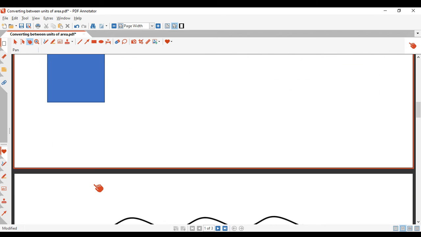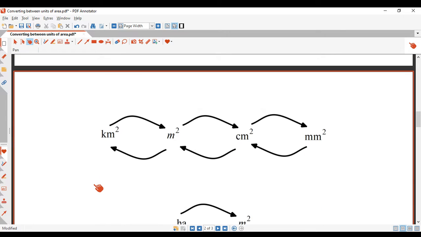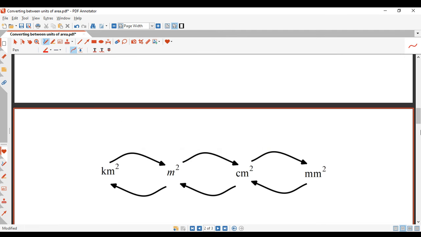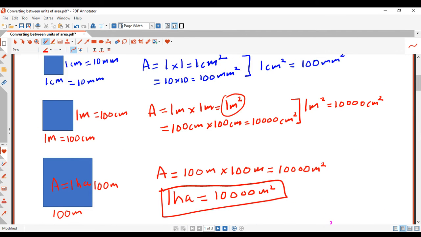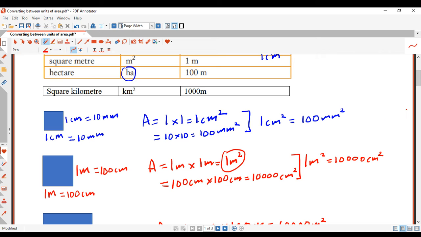We can ignore that. All right, let's now see if we can work out a conversion diagram that we're going to use to answer some questions. So let's start off with the centimetre squared and the millimetre squared. If I'm going to go from the number 1 to the number 100, that's times by 100, isn't it?